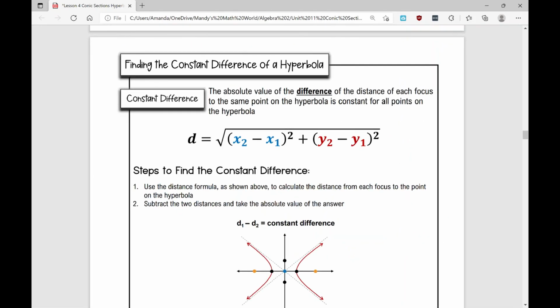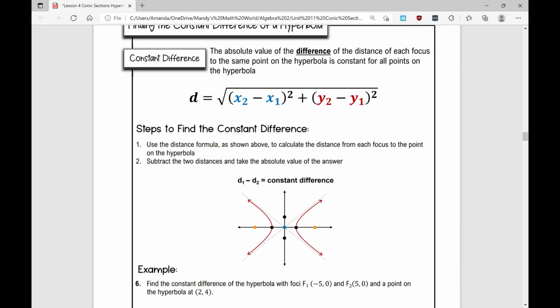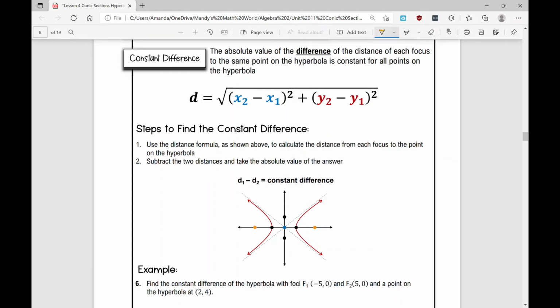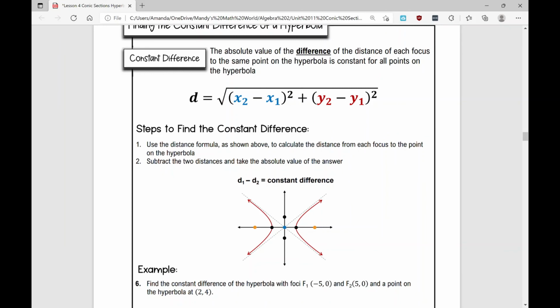And I'm going to expect that you watch the notes over the ellipse because we did that first. The constant sum tells us that when I take a point on an ellipse and add the distance from the focus to that point with the distance from the other focus to that point, I get the constant sum.